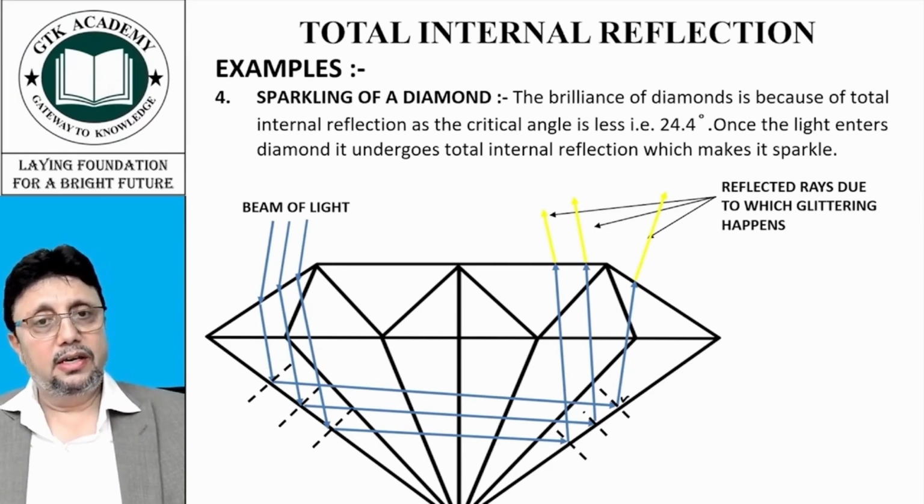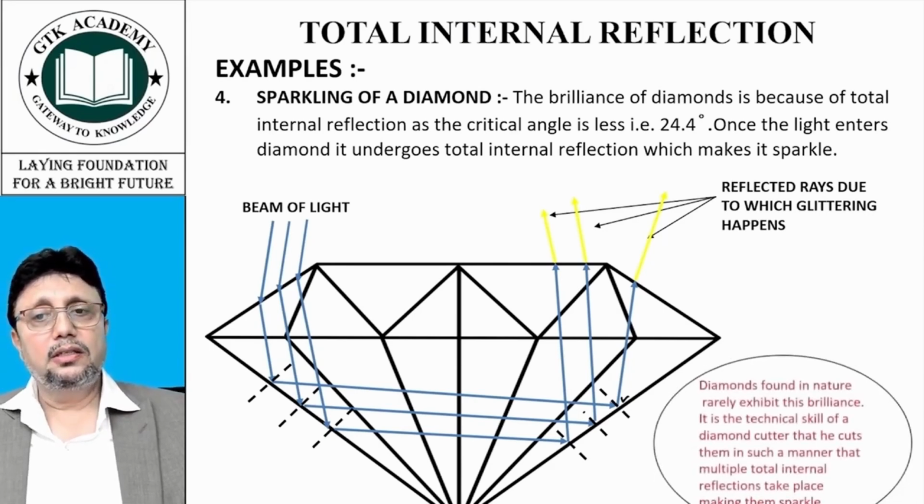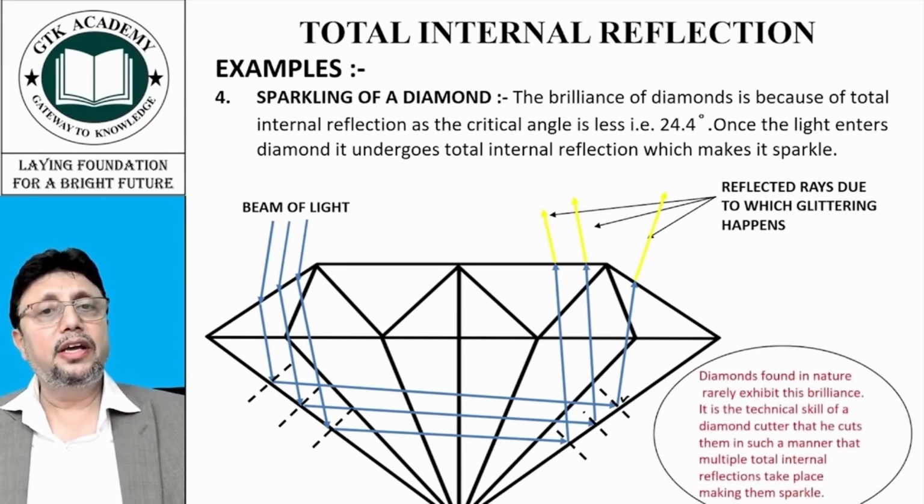One more important thing is diamonds found in nature do not exhibit this kind of brilliance. But when cutters do that cutting, it is cut in such a manner that multiple total internal reflection takes place. That is the reason diamonds glitter.